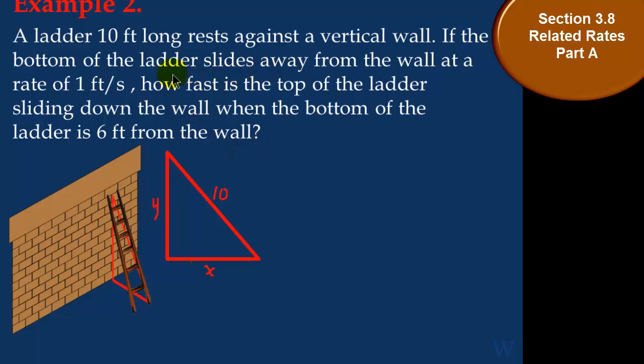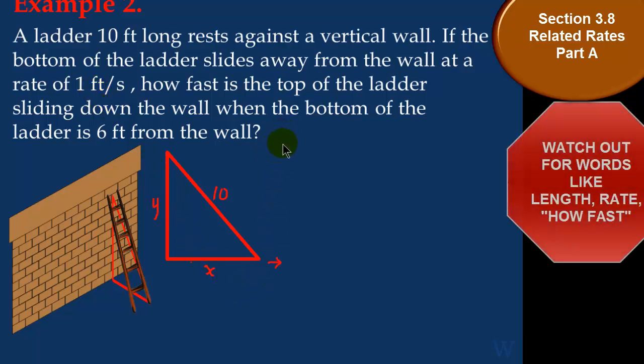It says the bottom of the ladder slides away from the wall at a rate of 1 foot per second. So that's a rate, and we write this as one of the givens: dx by dt is equal to 1 foot per second.